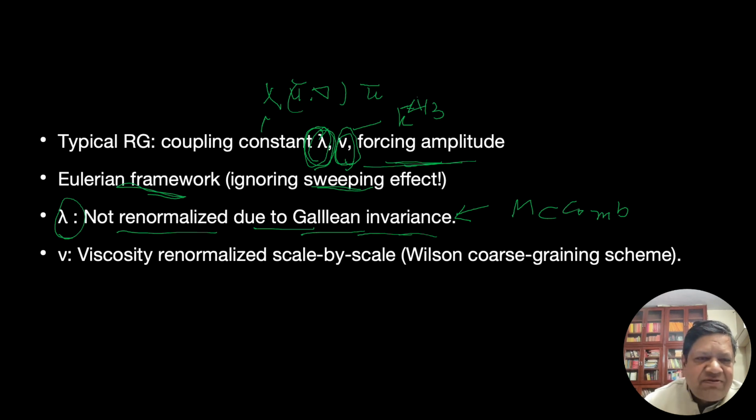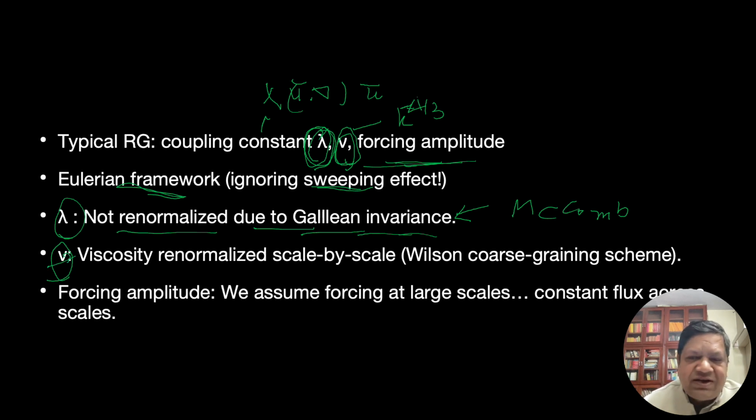So as I said, we are going to see how viscosity nu changes with scale. In fact, we are going to just focus on nu. And I said before, my forcing is at large scale. It supplies energy flux, and we are not looking at forcing at intermediate scale. So this is also gone. So among the three parameters, I just need to focus on nu renormalization, which is interesting.